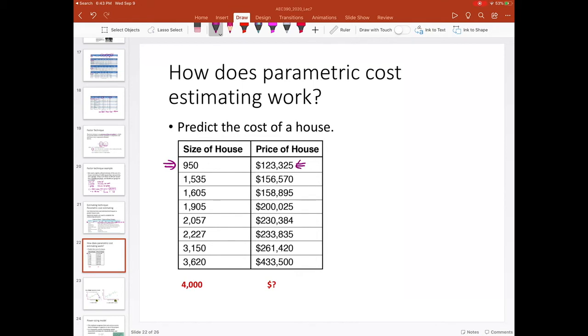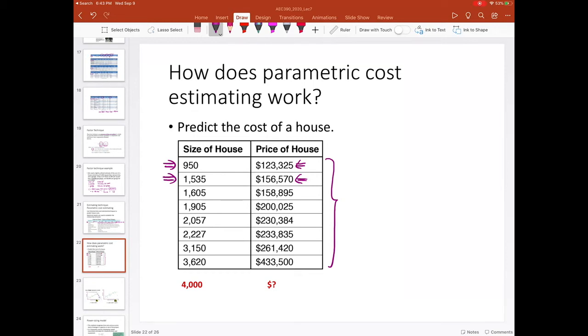Okay, that's one case we have found in the market, and then we keep looking on the market, and we find another size of house, and then the price is different. Okay, so we repeat this searching again and again. Then in the end, we have this whole collection of data. Okay, and then we want to estimate the price of a 4,000 square foot house.